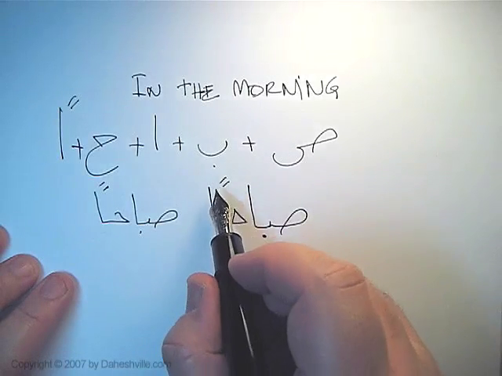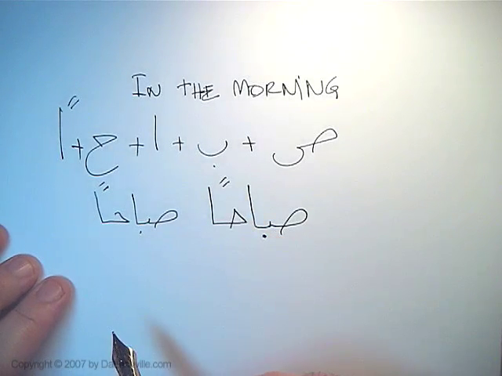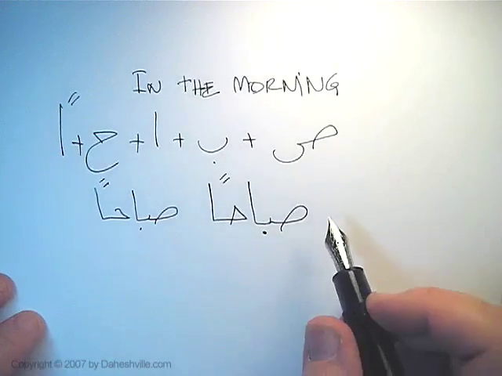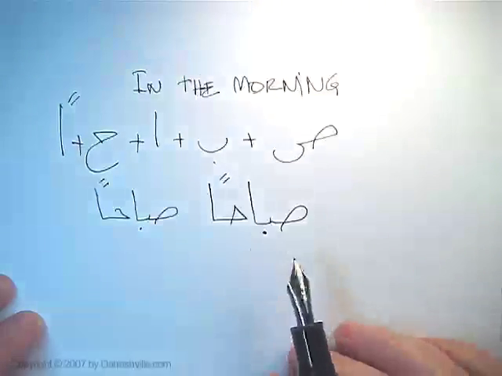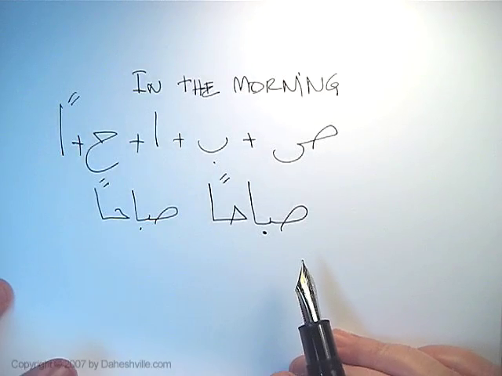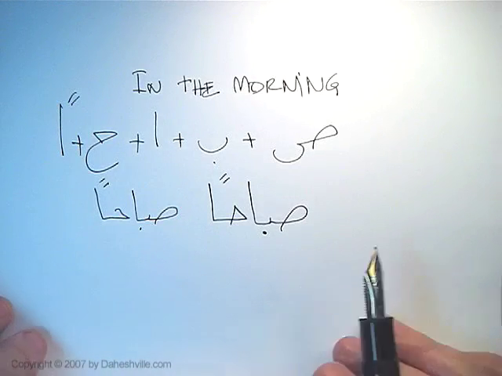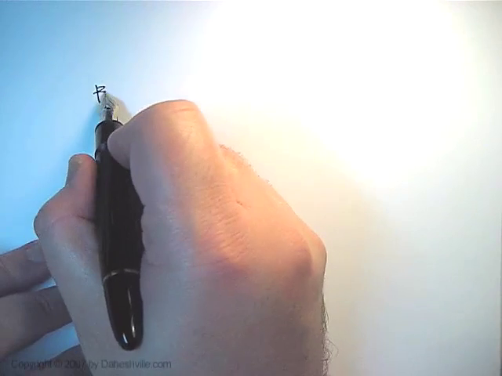And this diacritic makes the word sound like so. Sabahan, in the morning. Without the diacritic, it would be sabaha, which I don't mind telling you means absolutely nothing. See, the word morning is sabah. In the morning would be sabahan.